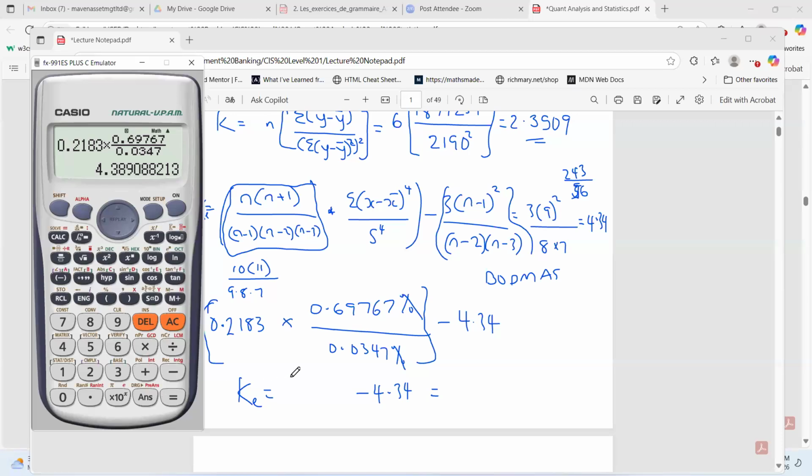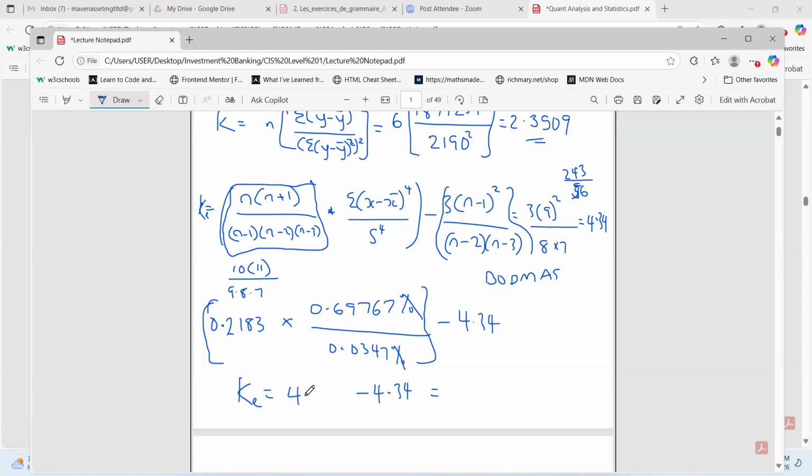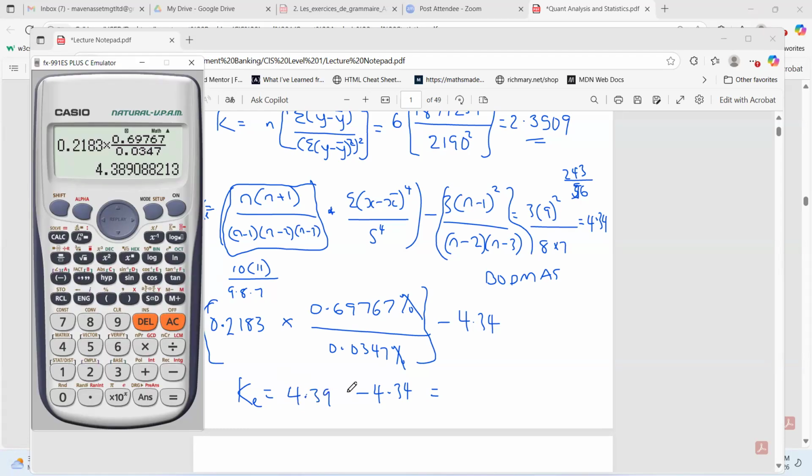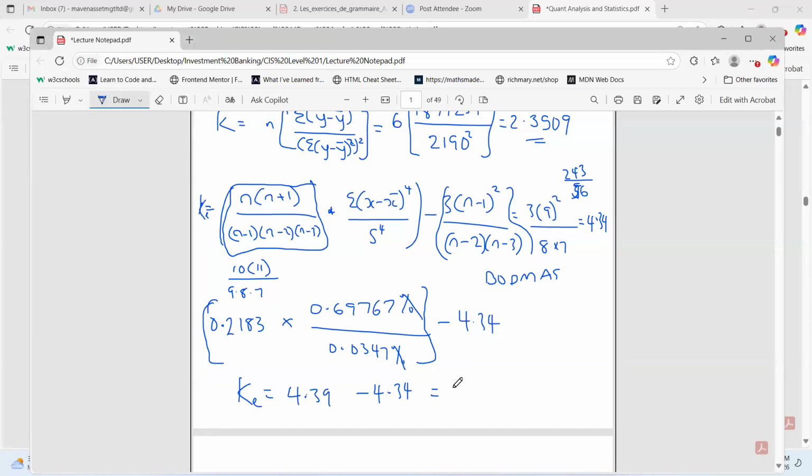So what did you do wrongly? You have 4.39. Are we good? You didn't minus, Abby? I did minus. We gave you the final answer. Okay, what was the final answer you called, please? It was 0.049. Okay, sorry about that. So the final answer is 0.049 or simply 0.05.